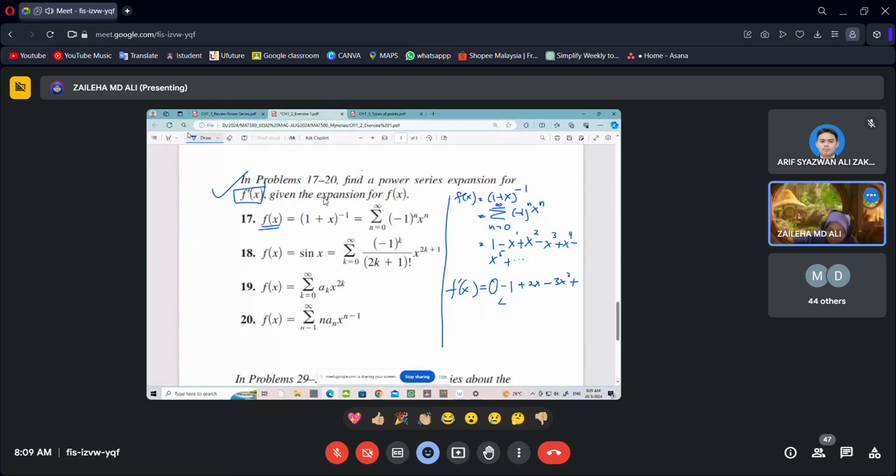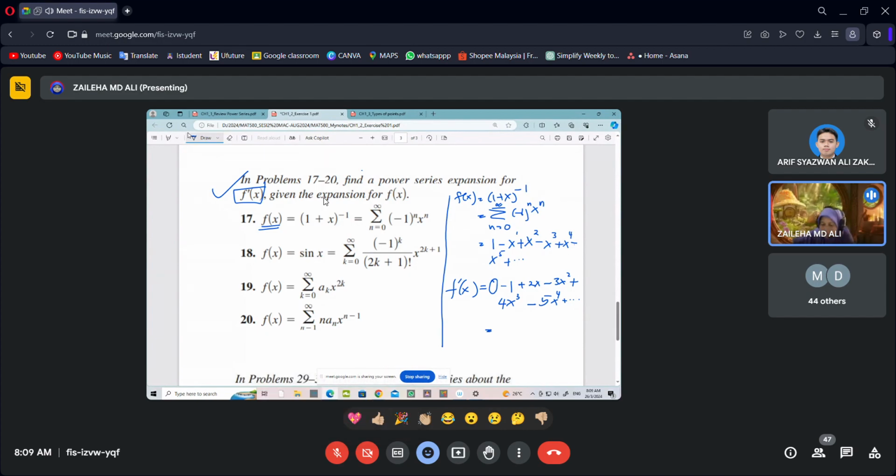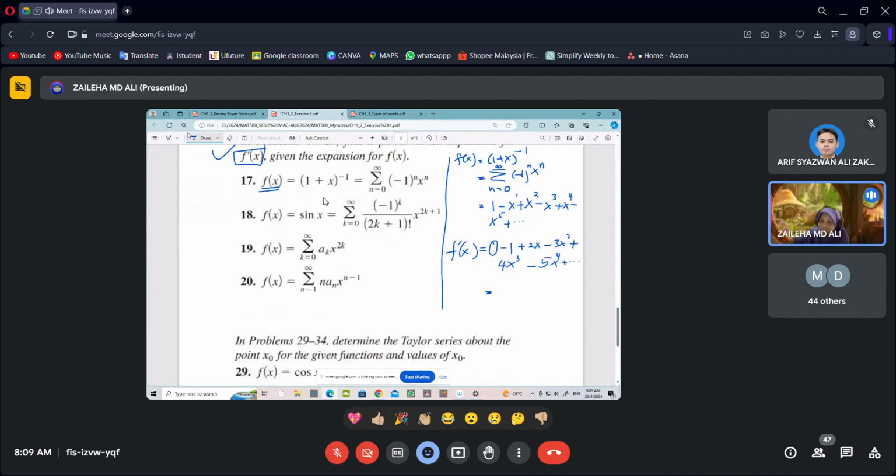Plus 4x cubed, plus 5x to the power 4. This is the derivative when you use an infinite polynomial.